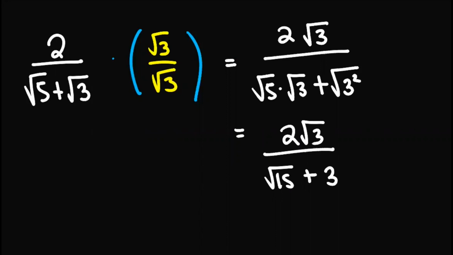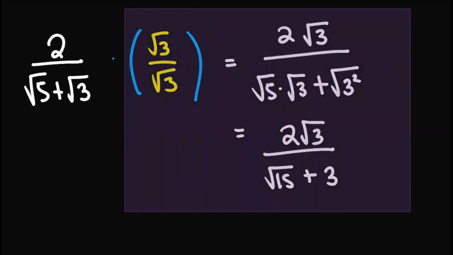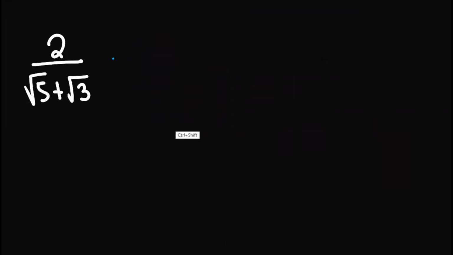So it must not be square root of 3 over square root of 3. How about this one? Let's try square root of 5 over square root of 5.